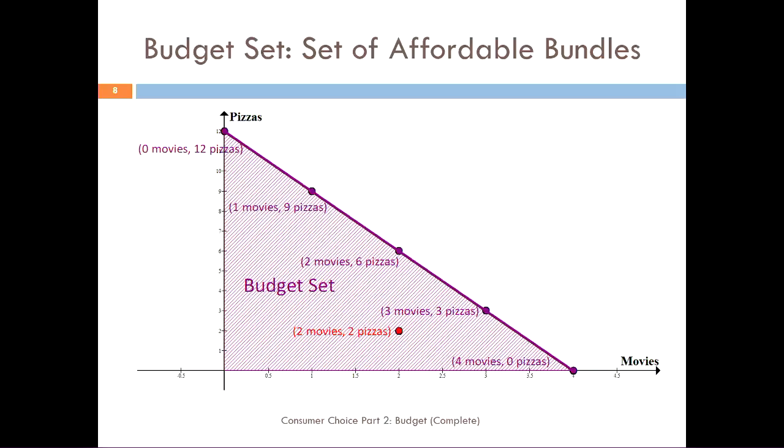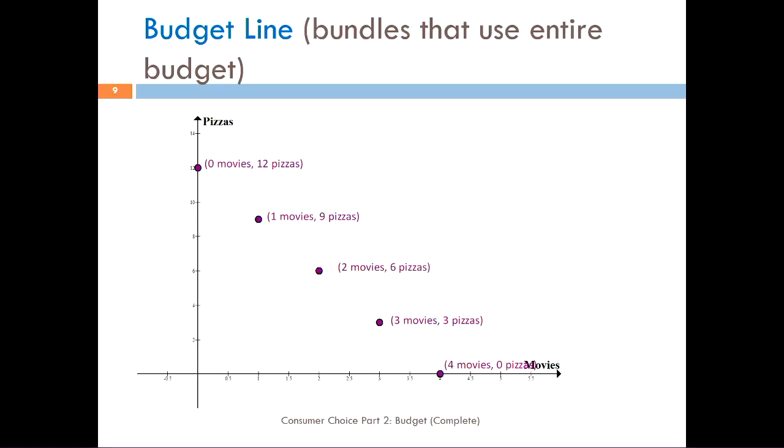Now, we call that the budget set, the set of affordable bundles. That line, top here, we call that the budget line. The budget line is all the bundles that exactly add up to your income. Right? You spend your entire budget.